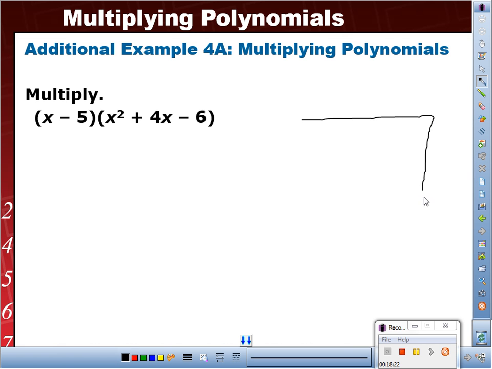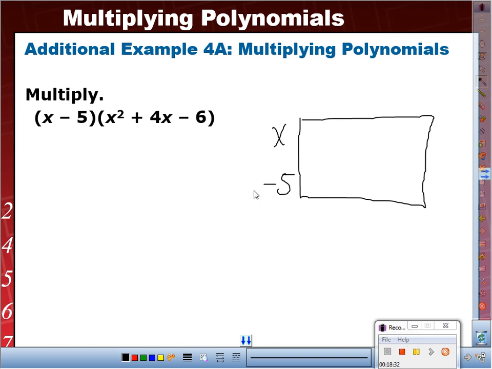Draw your rectangle, a little bit longer than usual. And watch. I'm going to write my first factor here on the side, x, and notice I'm going to write the negative next to the 5 so that I know that the negative is with the 5. On top, I'm writing my trinomial, x squared plus 4x minus 6. Line down here, and line across like this.